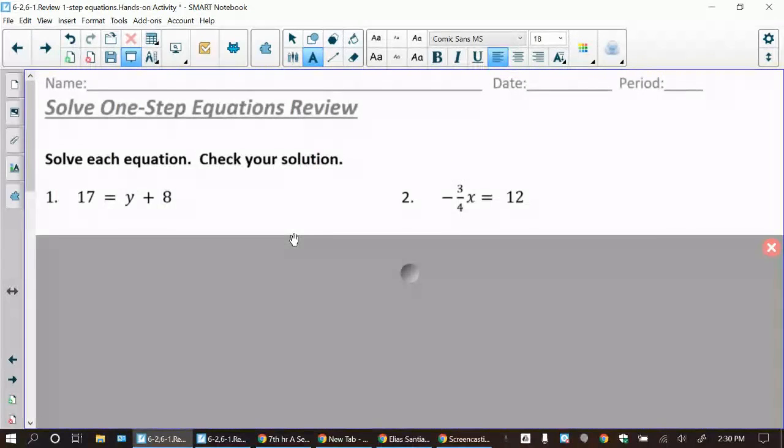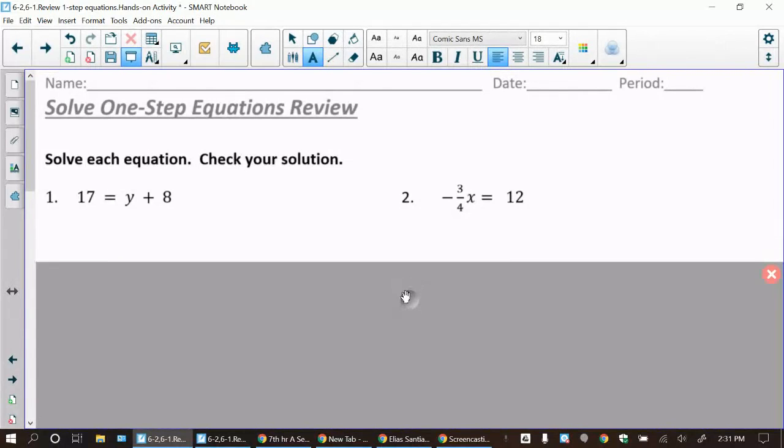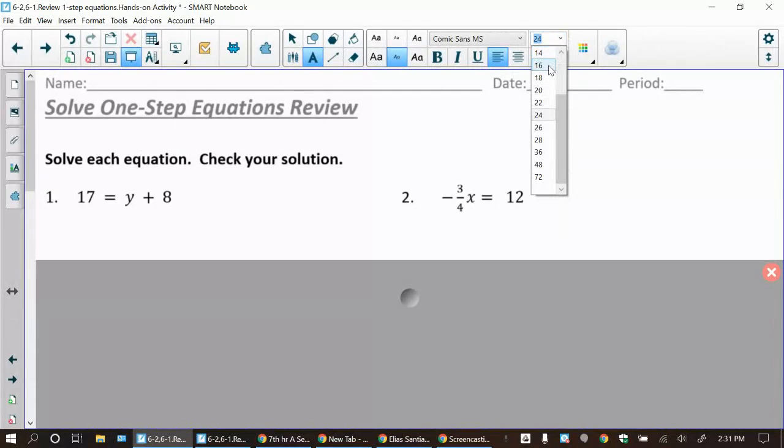All right, so now this is where we're going to get to our homework and checking our work. Okay, remember with your homework, you need to do each step. You need to show what's the inverse. Okay, if I was to write this out, what do I want to get rid of on both sides so that my y is by itself?